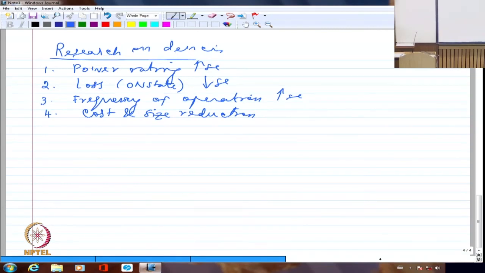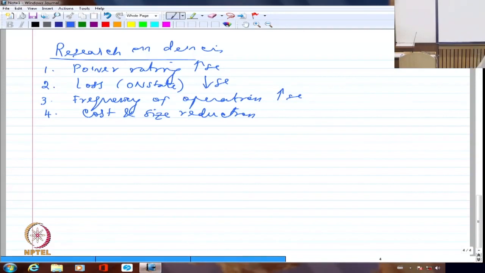Then come thyristors. Okay, that is the way normally we go. So the choice of the devices depends upon what is the frequency of operation you want, what is the kind of power level you want, right? And what is the kind of size limitations you have, and so on and so forth. All those things decide really what kind of devices you are going to choose for your particular application, right?